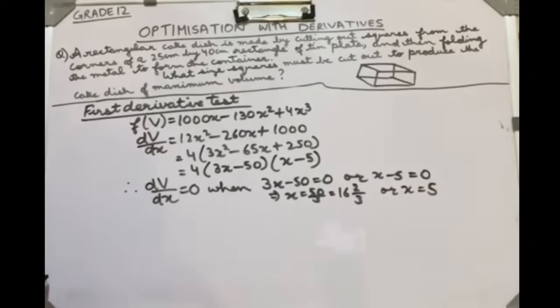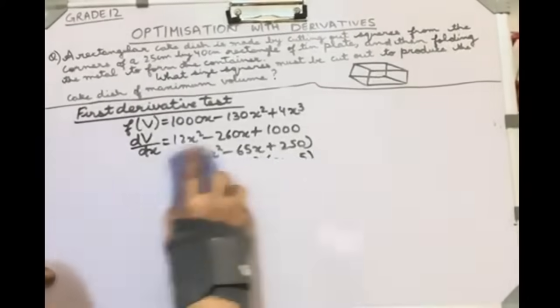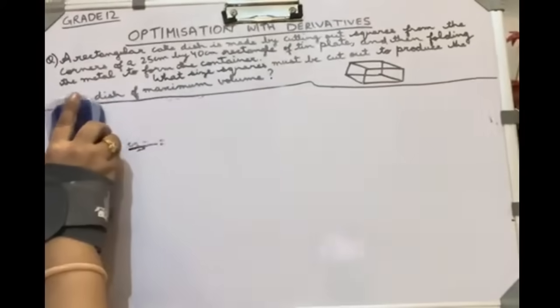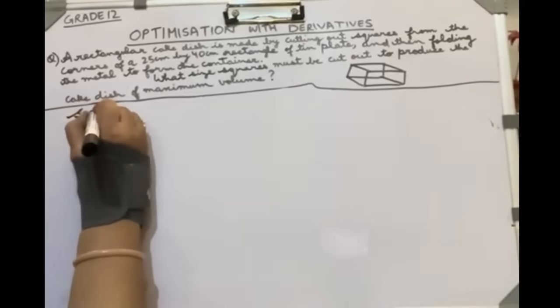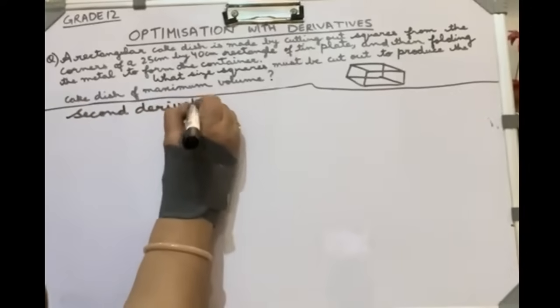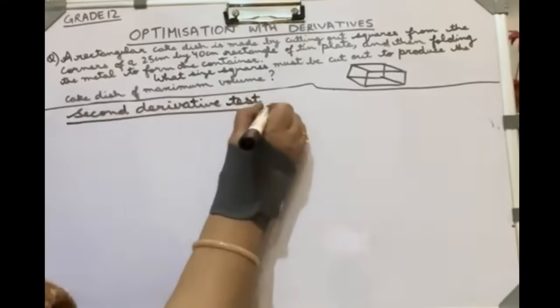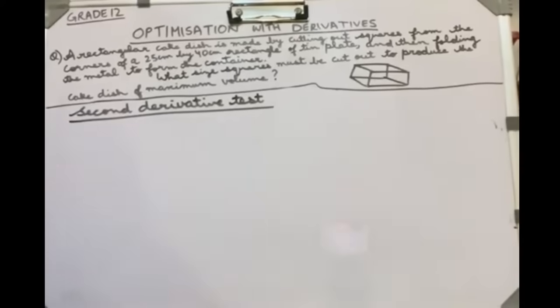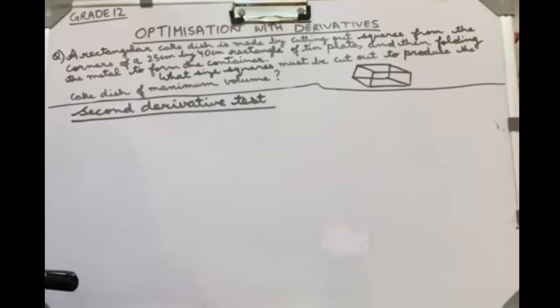Now we will find out the second derivative test. The second derivative test is if f double dash V, or d2V by dx square, is less than 0 or greater than 0.